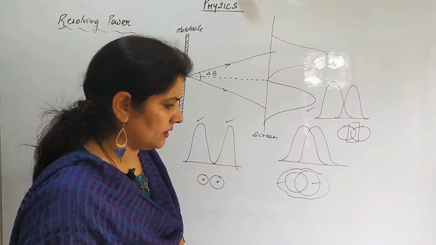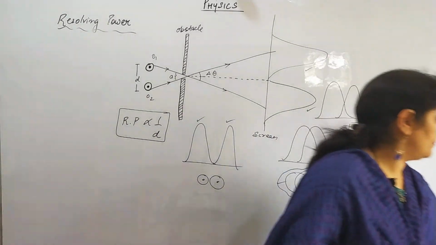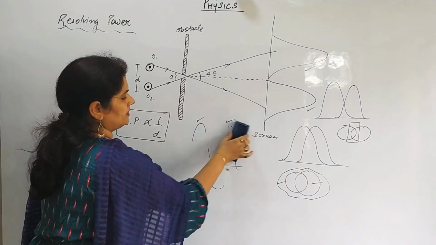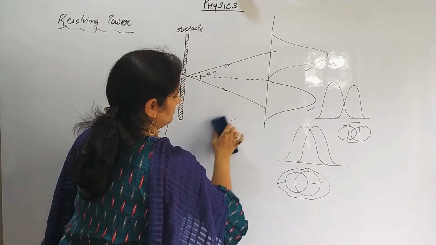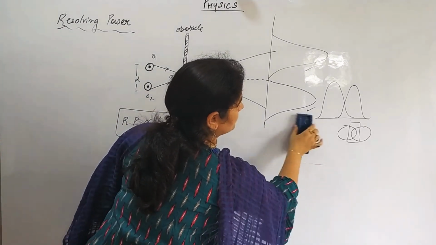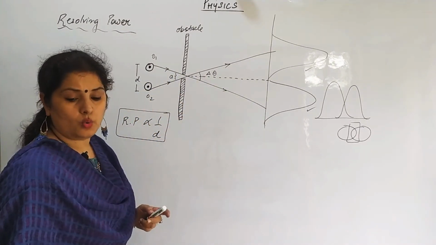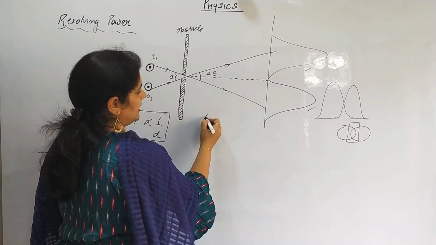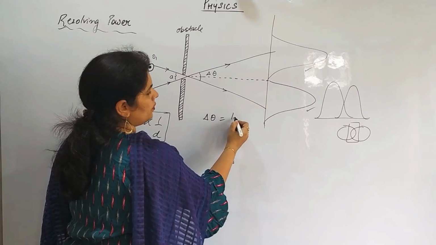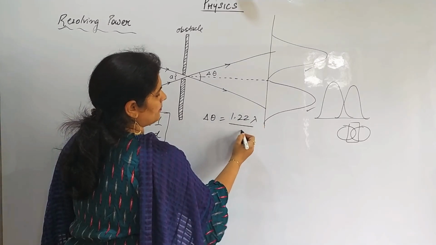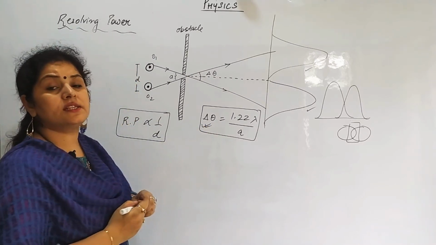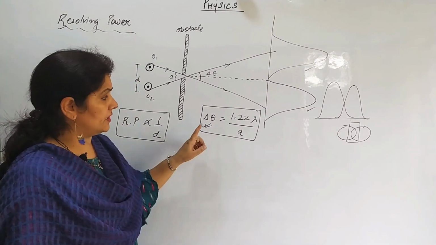And the value of this angle delta theta: only the final expression is in your syllabus, so I will write down the final expression. Delta theta is found to be 1.22 lambda upon A. This is the value of delta theta, the limit of resolution.